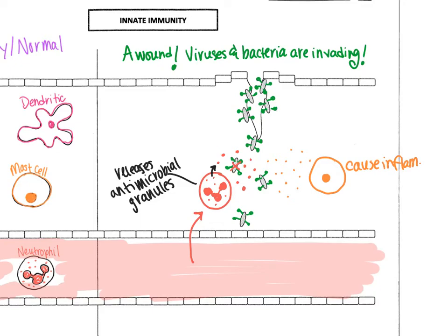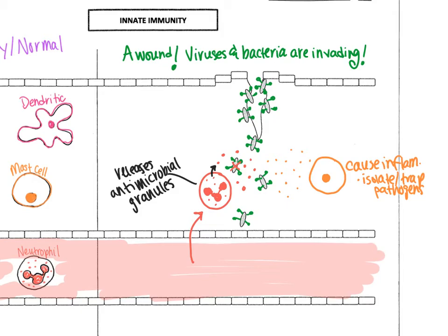I'm going to summarize that by just writing inflam. They cause inflammation. And remember that the purpose of this is to isolate and trap pathogens. Okay, so they are trapping pathogens, and this also attracts more white blood cells to this location of ongoing infection. So that is your mast cell.